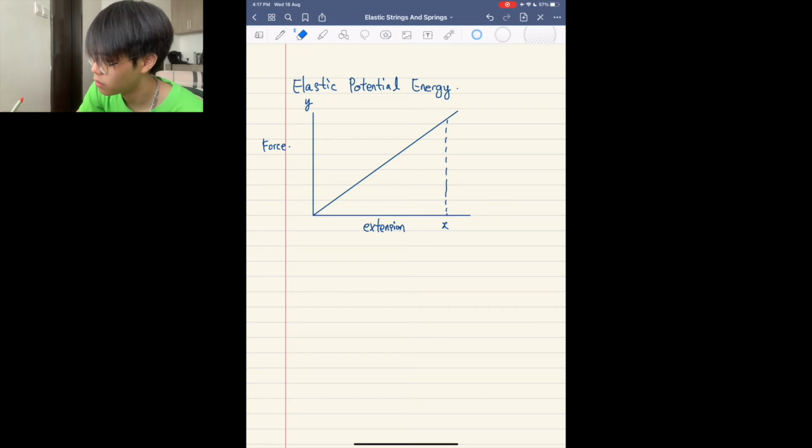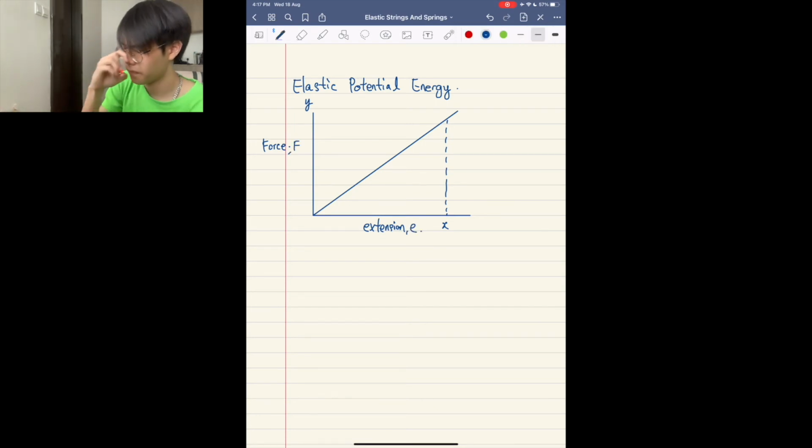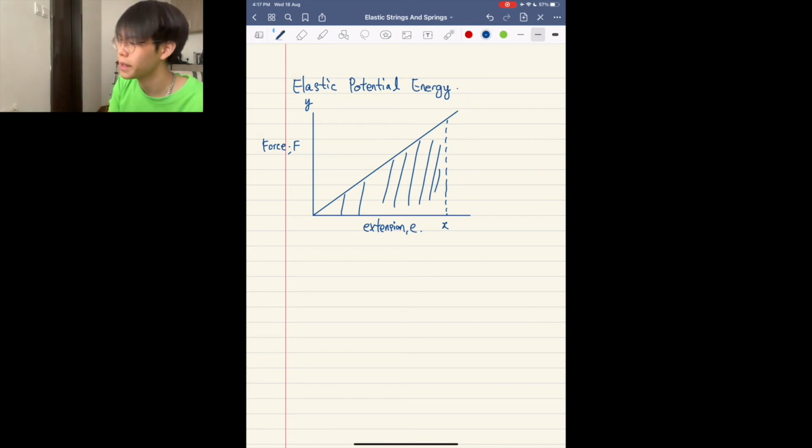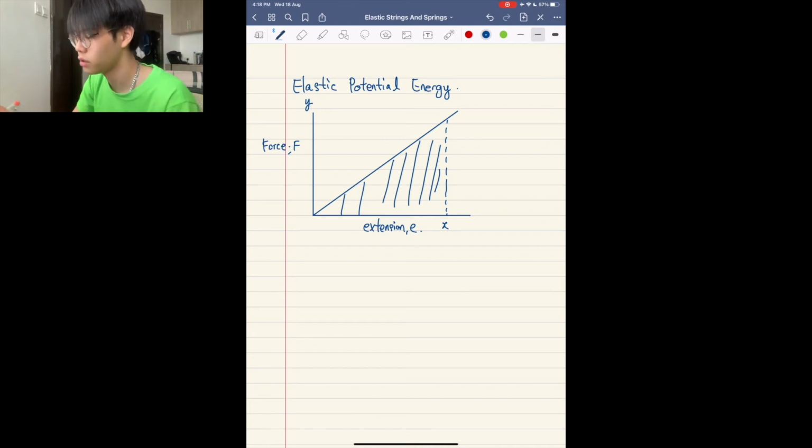Let's change this to e, and this is F. Okay, so the work done, which means the elastic potential energy, is actually the area under the F against extension graph. Okay, so to calculate this area, we know this is a triangle, a right-angled triangle.